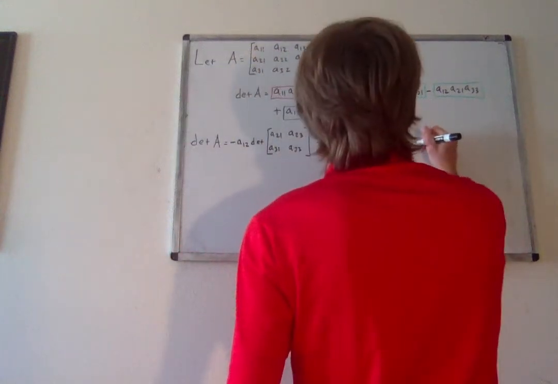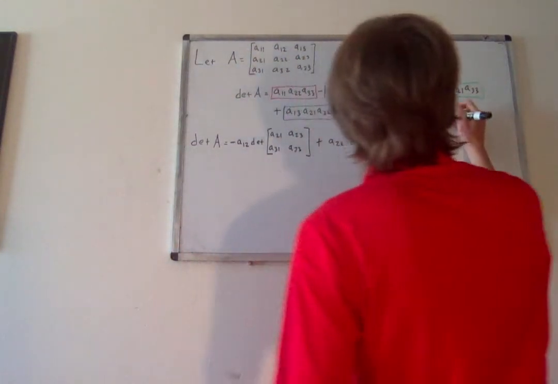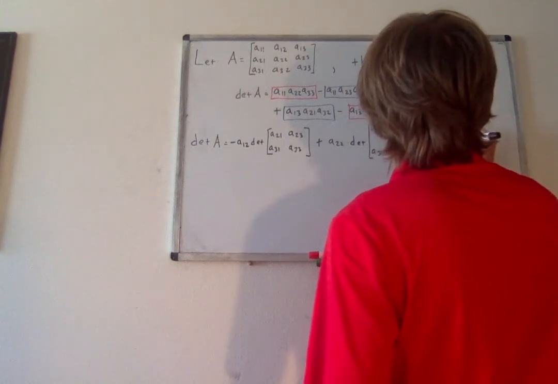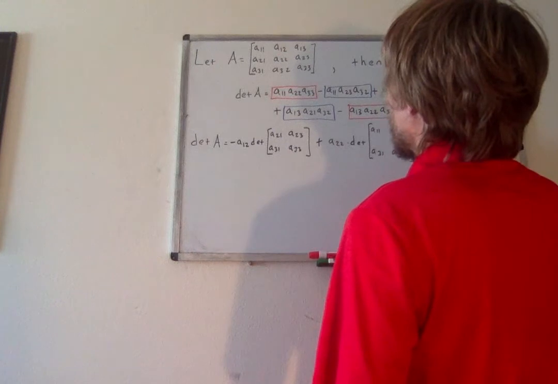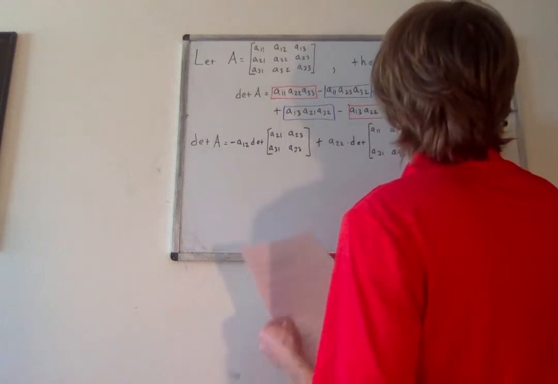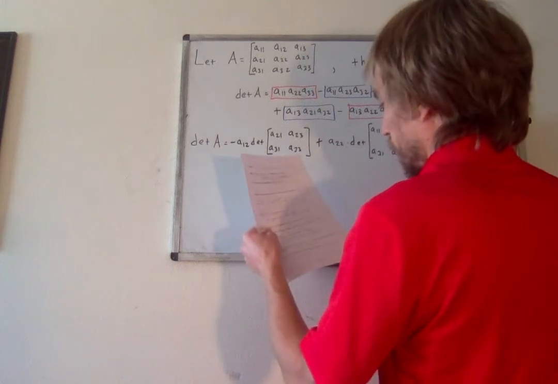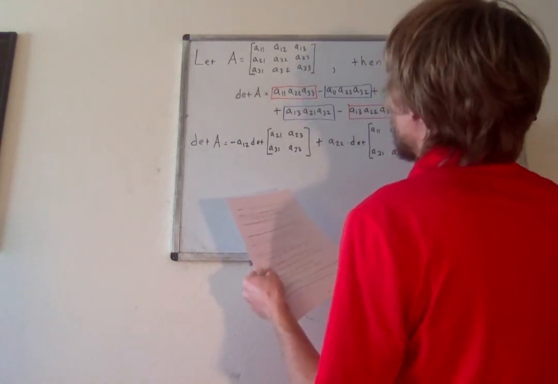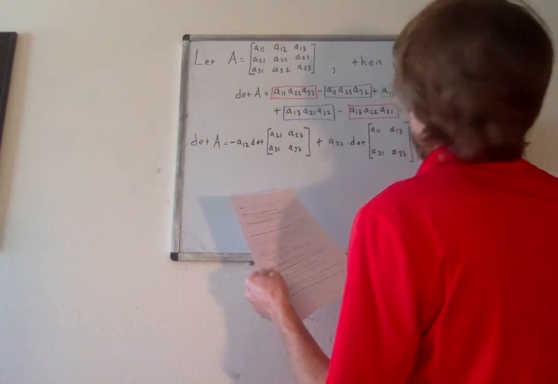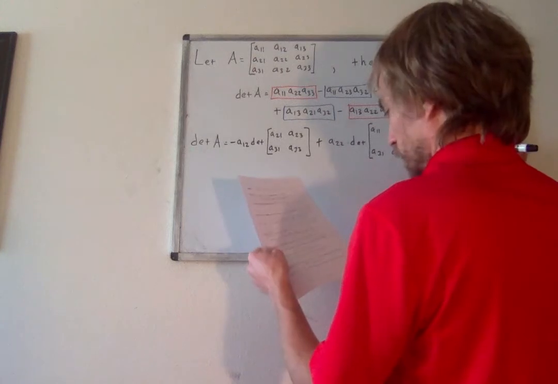And then finally, minus A32 times the determinant of A11, A13, A21, A23.